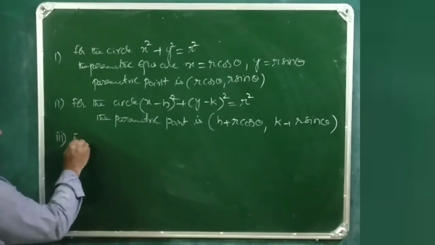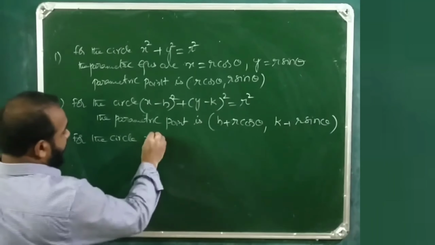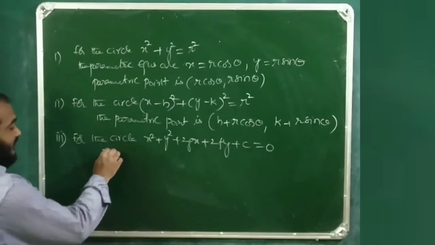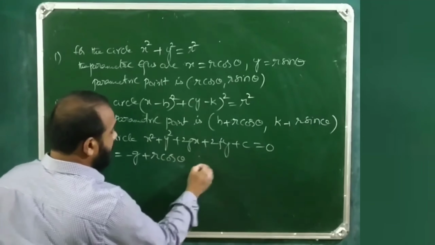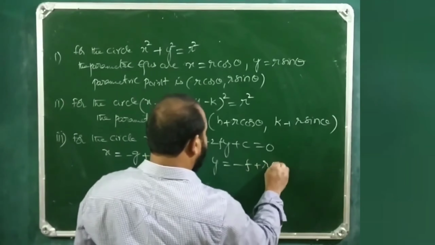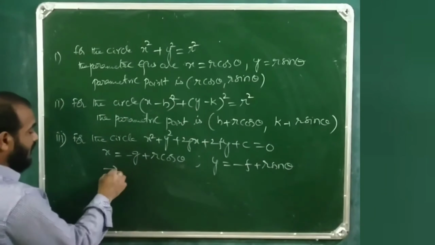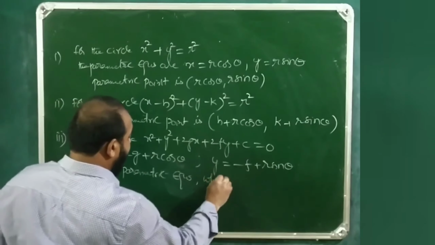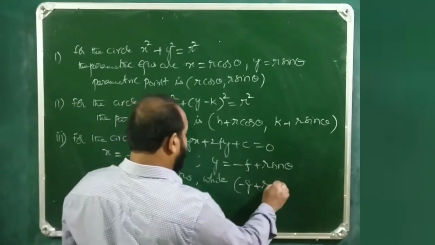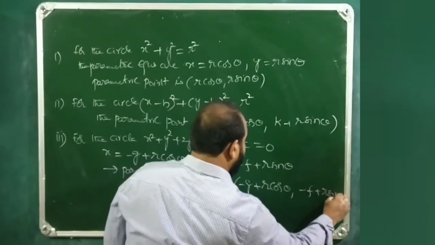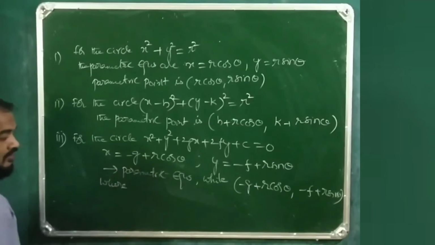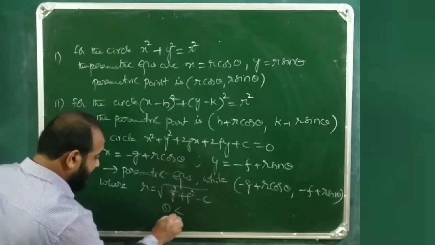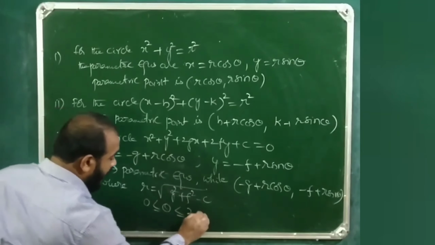And for the circle x square plus y square plus 2gx plus 2fy plus c is equal to 0, x is equal to minus g plus r cos theta, y is equal to minus f plus r sin theta are called the parametric equations, while (minus g plus r cos theta, minus f plus r sin theta), where r is equal to square root of g square plus f square minus c, and theta is lying between 0 and 2 pi.